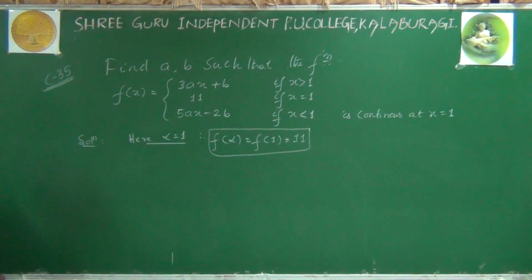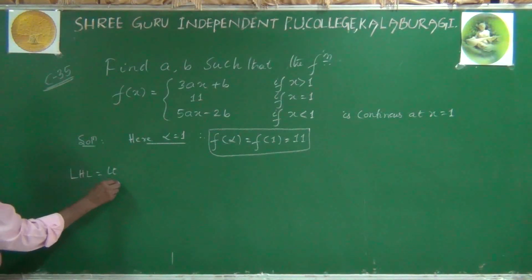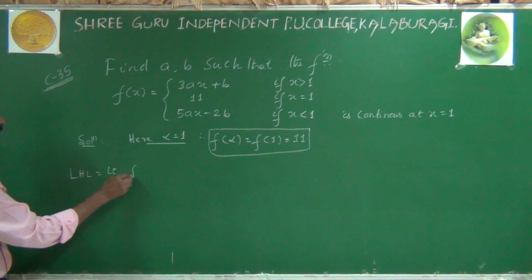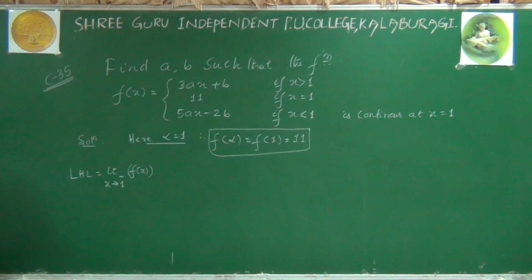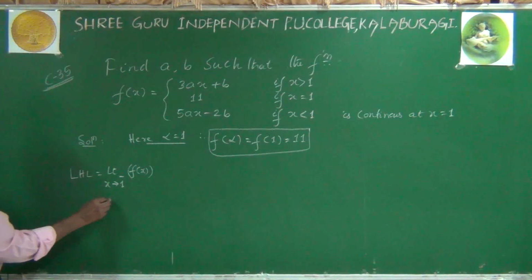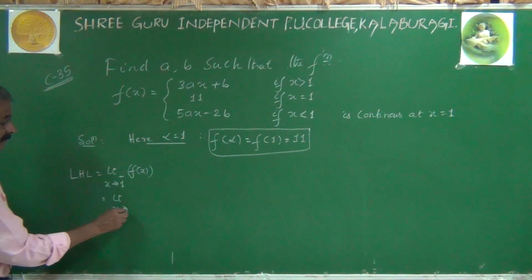We shall find the left hand limit and right hand limit. Now, left hand limit means limit as x extends to 1 minus of f of x. That is, limit extending to 1 minus means less than 1.